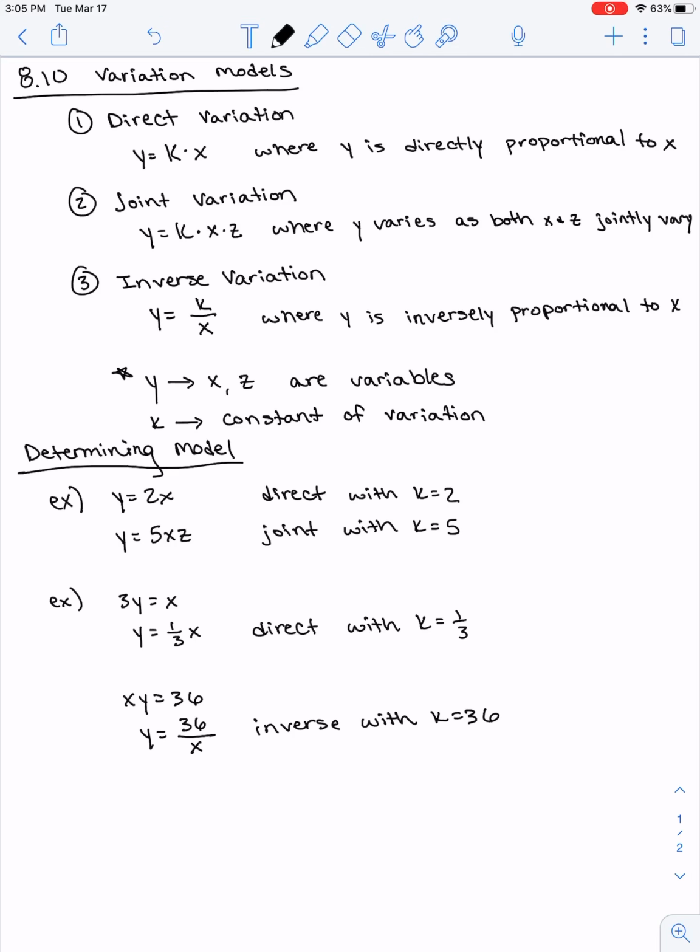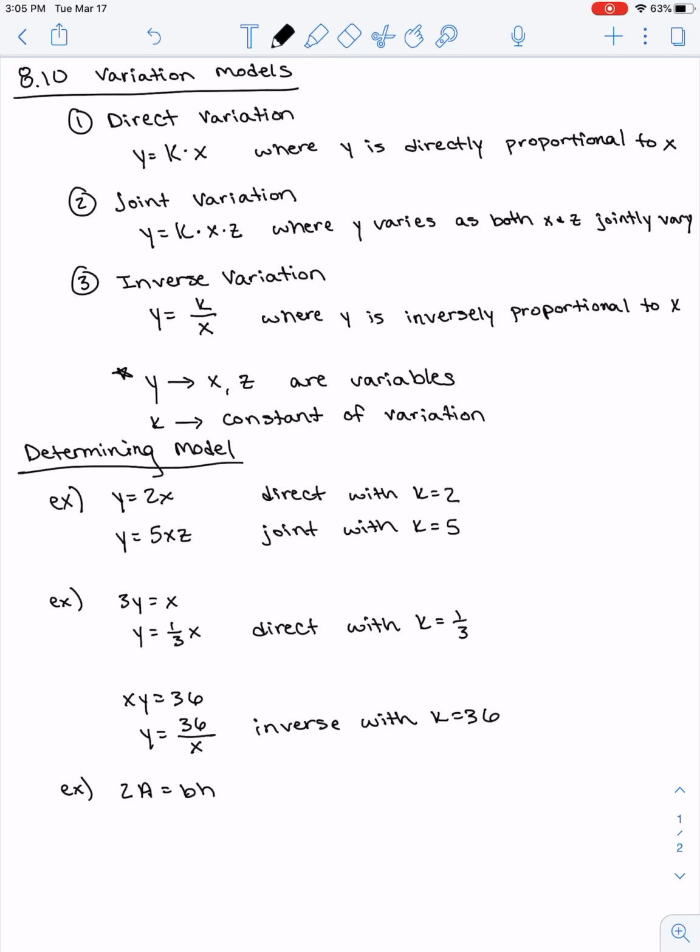I might not necessarily give you obvious variables like x, y, and z. You might have to use your intuition to figure out what I'm asking about. So for example, if I said 2a is equal to bh, well, this looks a lot like the rearranged equation for the area of a triangle.